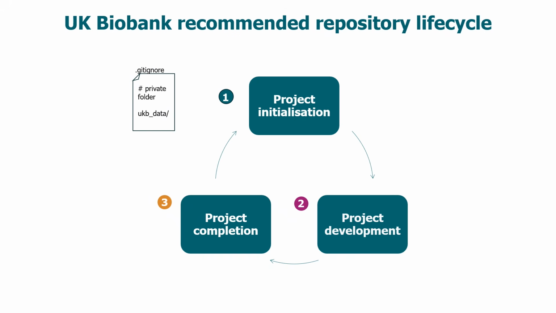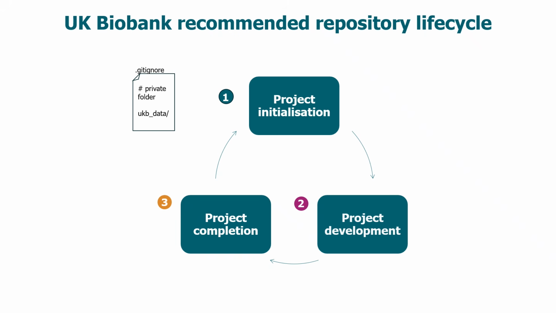At project initialization, we recommend that researchers start out with a private repository and only allow researchers on your UK Biobank project to access it whilst it is still private. Create a gitignore file and then dedicate a folder to store any private data, whether it is raw or processed, and add that folder to your gitignore file, ensuring none of the contents get committed by accident.